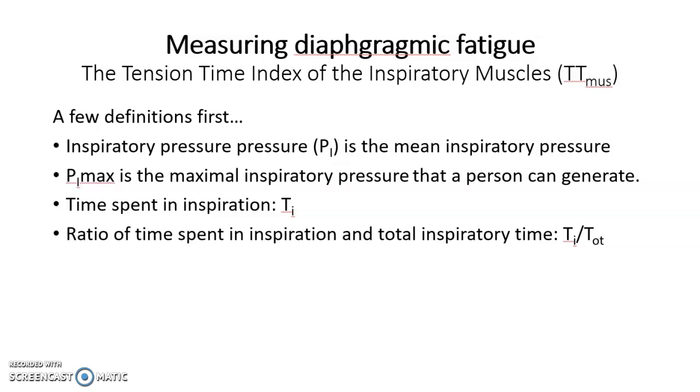But we do have the tension time index of the inspiratory muscles. Sometimes it's called the pressure time index or the PTI. This figure correlates closely with the tension time index of the diaphragm. So let's go with the tension time index of the inspiratory muscles instead, because we can get that, it's easier. Take a look at these definitions here, okay?